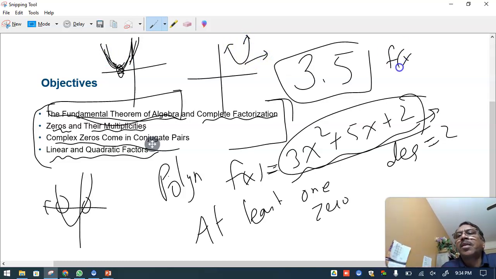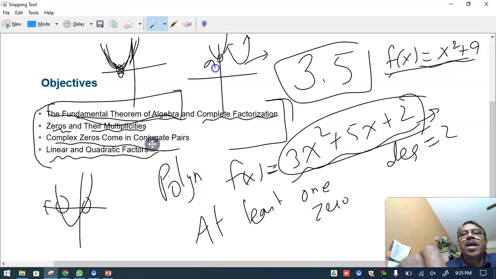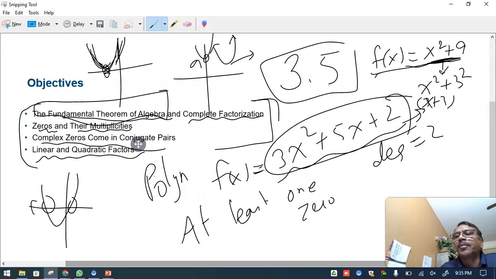I can create a quadratic like x squared plus 9, and this one does not have a real root, but it has a complex root, right? So you can write x squared plus 3 squared, which directly factors as x plus 3i and x minus 3i. And that's what I'm trying to say, they come in pairs.